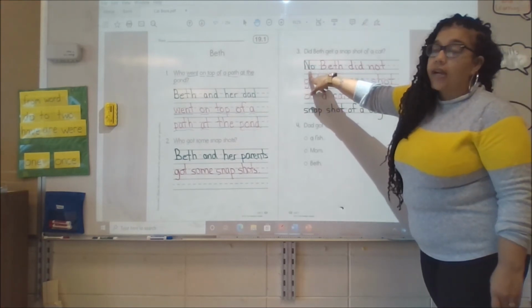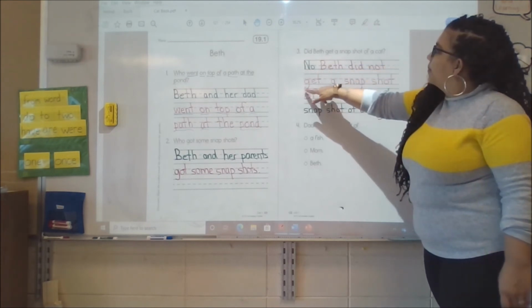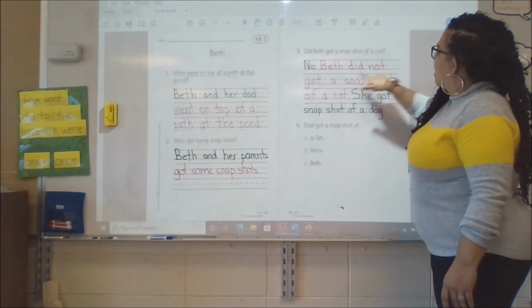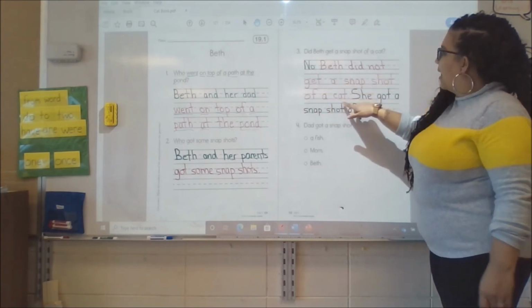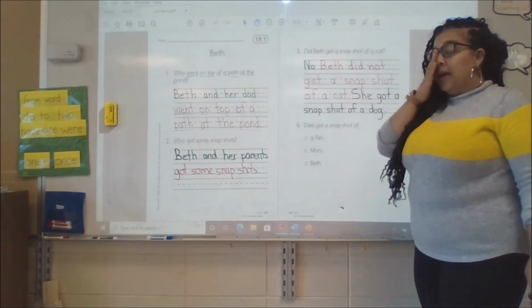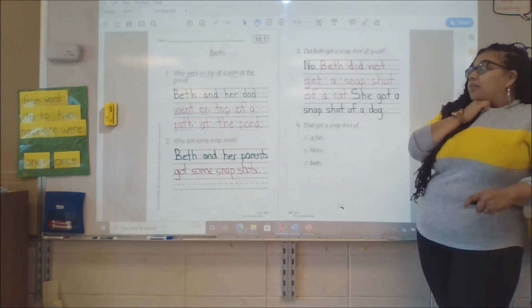No is the right answer. No plus what you see in red burgundy is a complete sentence answer. No, Beth did not get a snapshot of a cat, period. She got a snapshot of a dog, period. Gives us that additional information to know what actually happened.